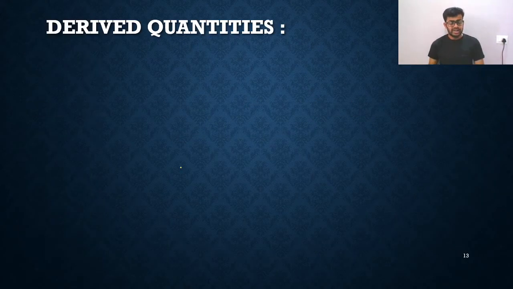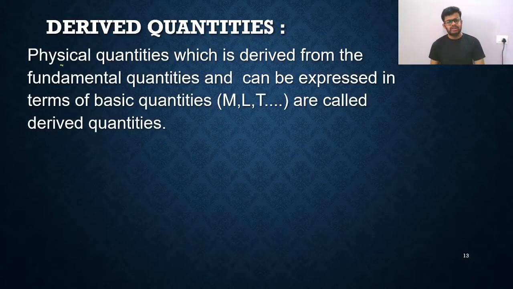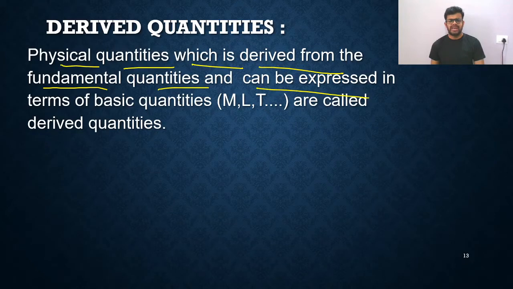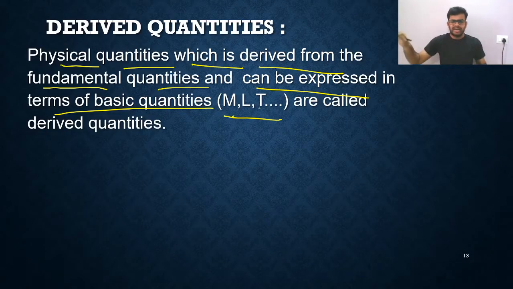What is the meaning of derived quantities? The physical quantities which are derived from the fundamental quantities or basic quantities, and can be expressed in terms of mass, length, time, temperature, luminous intensity, electric current, and amount of substance, are called derived quantities.